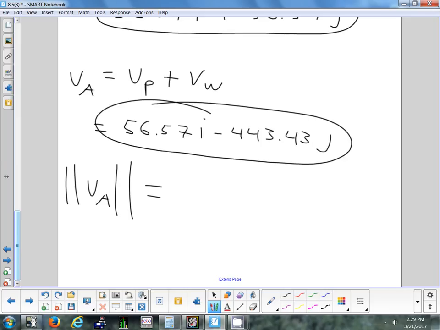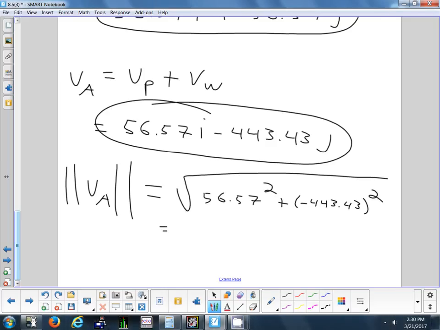I mean, the numbers are a little bigger, but it's the same calculation to find the length. So then you're gonna take 56.57 and square it. Yep. And then you're gonna add that to 443.43 squared. Yep. And then you're gonna take the square root of it all. So let's just type that in.